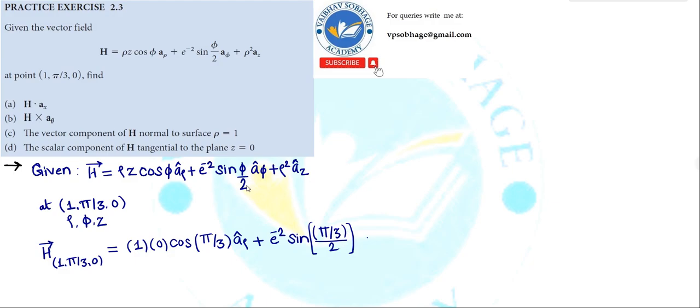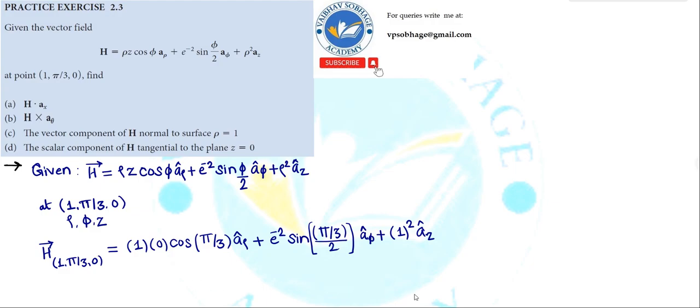So this sine of phi/2 becomes sine of pi/3 divided by 2, and it is associated with the a_phi component. Then rho squared: the value of rho is 1, so that will be 1 squared a_z. Okay, so this is what we have.